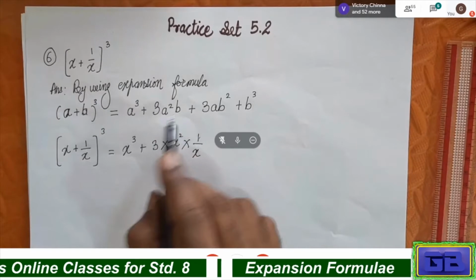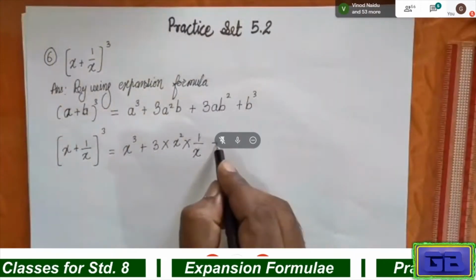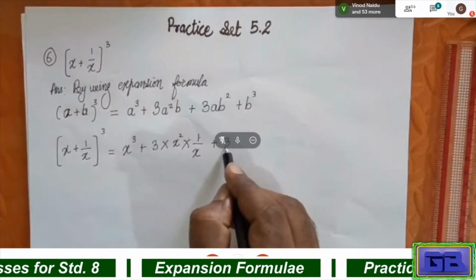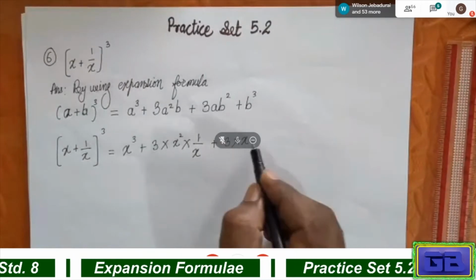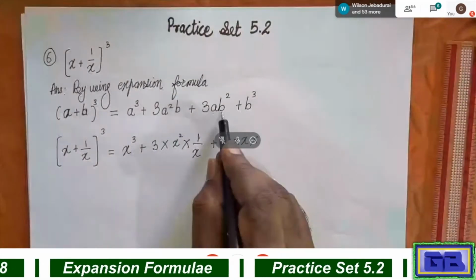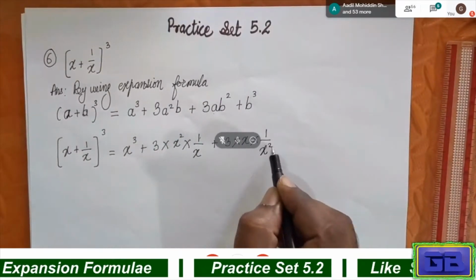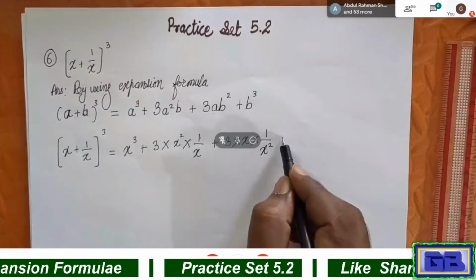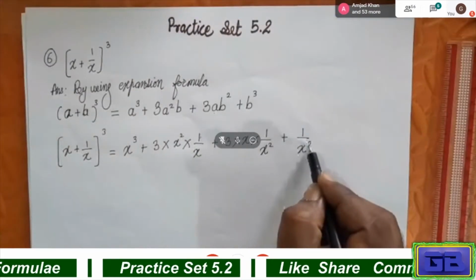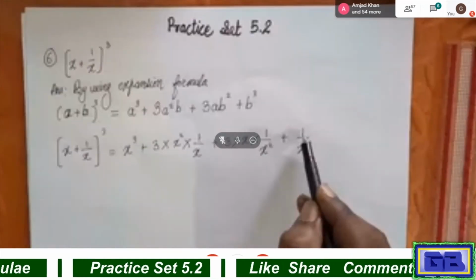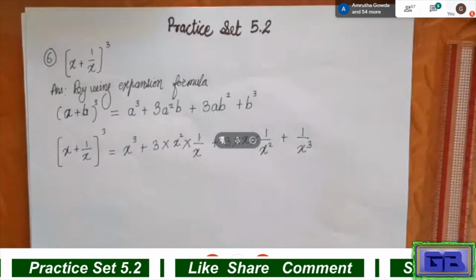B is 1 by x, so 1 by x we have taken. Plus 3 into a, that means x, into b square, that means 1 upon x square. Plus b cube, it means 1 upon x cube, as cube of 1 is 1 itself.